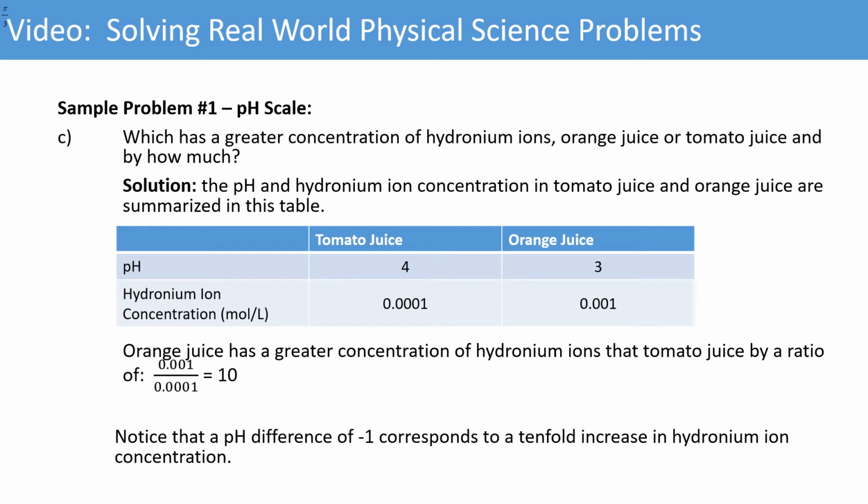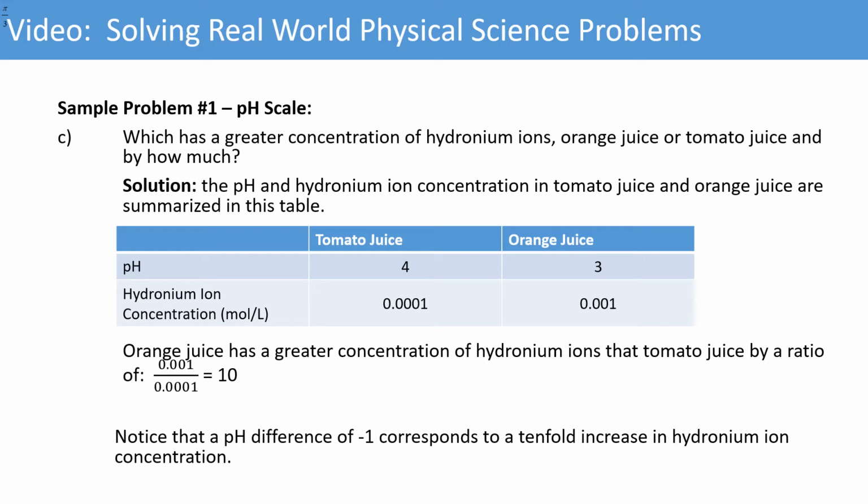Here's one more. Which has a greater concentration of hydronium ion, orange juice or tomato juice, and by how much? The pH and hydronium ion concentration in tomato juice and orange juice are given here in the table. The pH of tomato juice is 4 and of orange juice is 3.